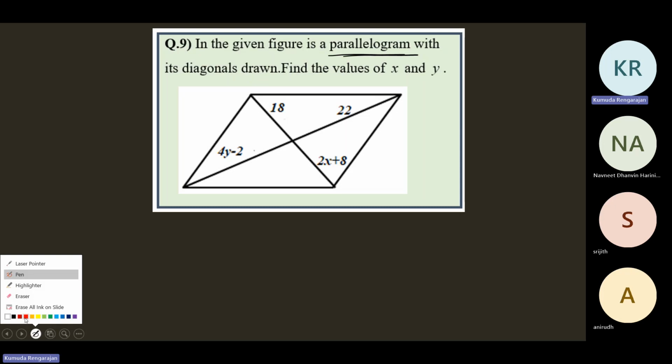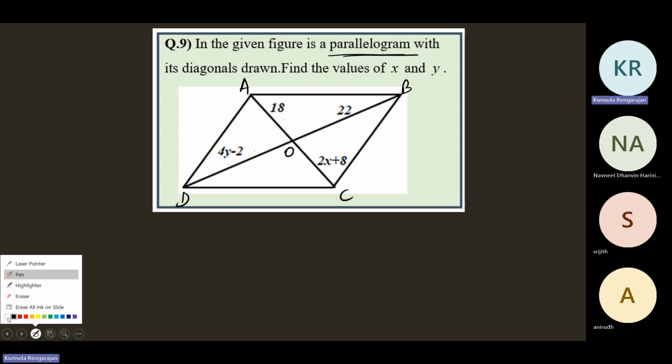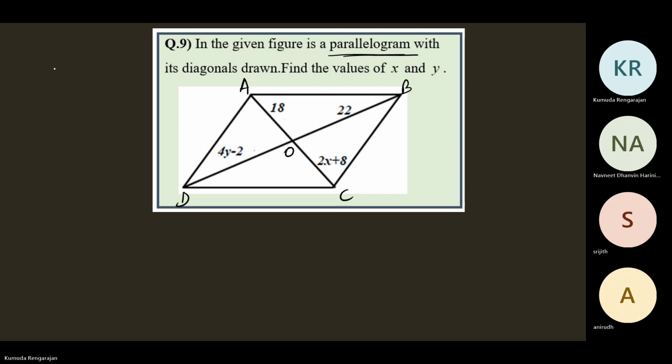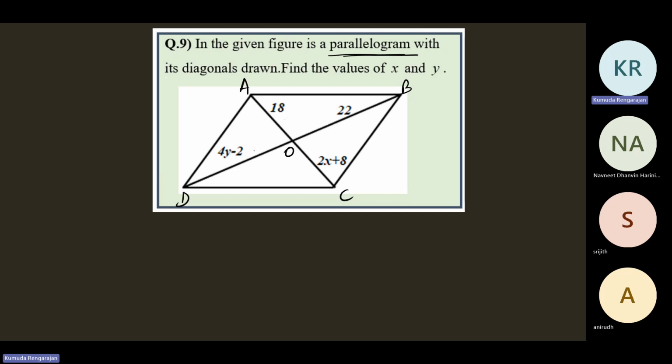Let me just mark this: A, B, C, D, and O. So tell me, using line segments, which line segment is equal to which line segment to find x? I'm saying like AB, BC, CD, DA. Which line segment is equal to which line segment to find x?